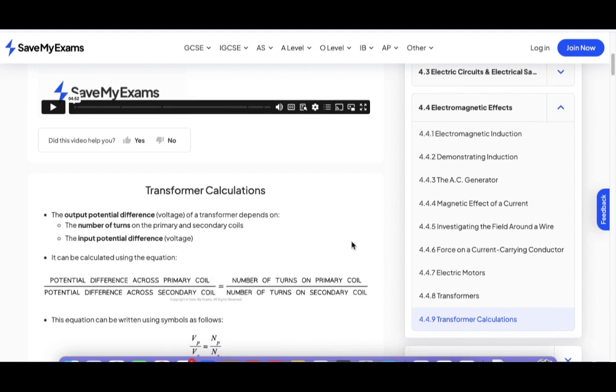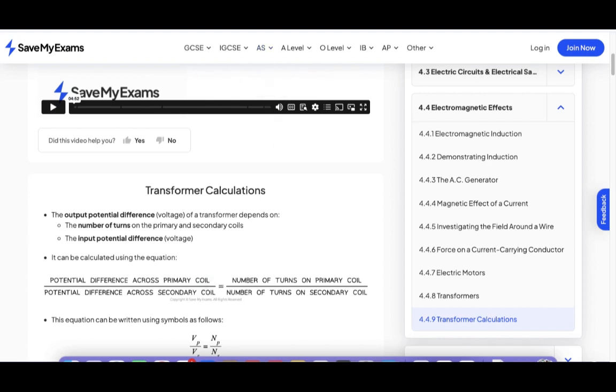The output potential difference, that's the voltage of a transformer, depends on the number of turns on the primary and secondary coil, and then the input potential difference, which is called the input voltage. So the output voltage will depend on these two factors, the number of turns in both primary and secondary, and the input voltage in the primary.